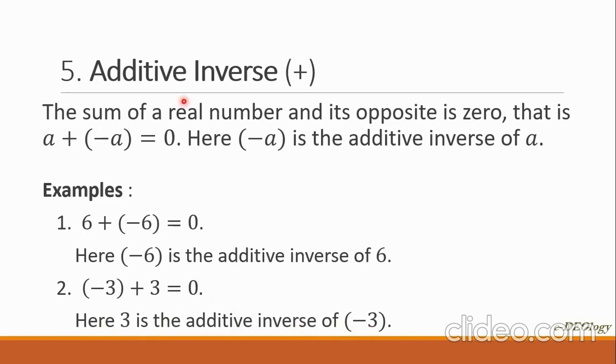By the way, this additive inverse is related to the identity 0, because if there is a given number a, we are thinking of another number that, if added to that number a, would result in the identity element, and that is 0. In that case, the negative a is the additive inverse of a.